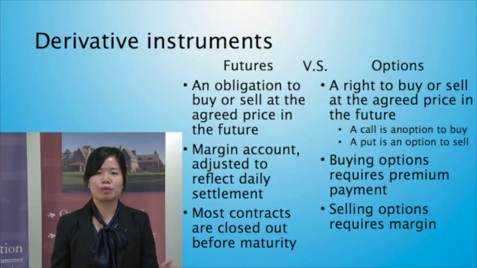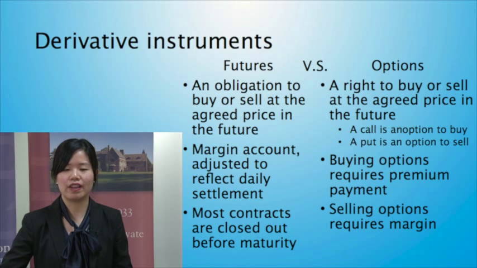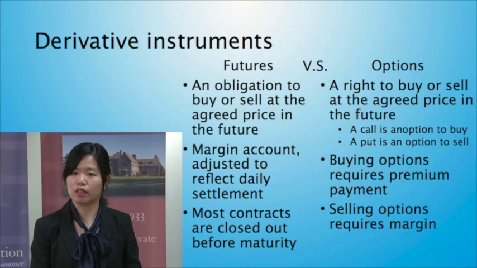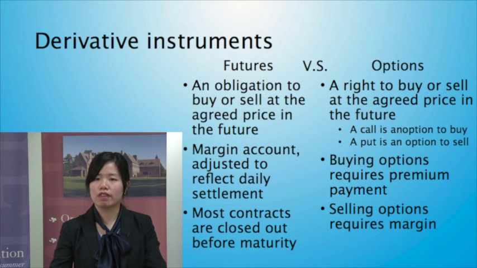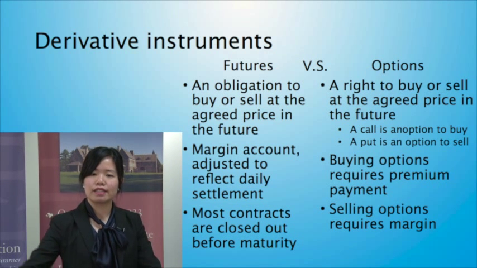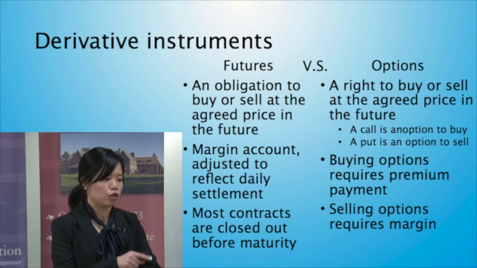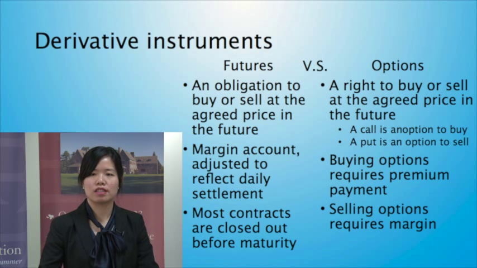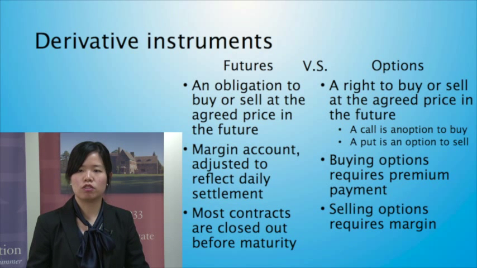Tomorrow's price is $1,200. So you agreed to buy the gold at a higher price, so you have a loss. But wait a minute, we agreed to buy the gold next year, February, right? Why would you care? But they do care. So even though your maturity is next year, your margin account is adjusted daily, market to market.